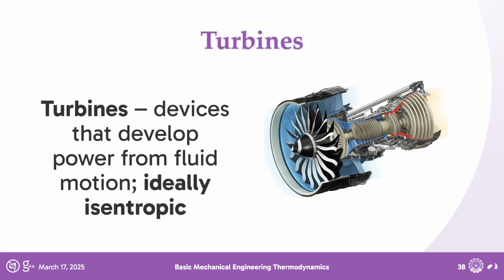Ganon. And so turbines are devices that develop power from fluid motion. The combustion of the fuel is not the thing that matters. The combustion of fuel is there so that it serves as a heat source so that your fluid can move quickly, as you guys will learn down the line.